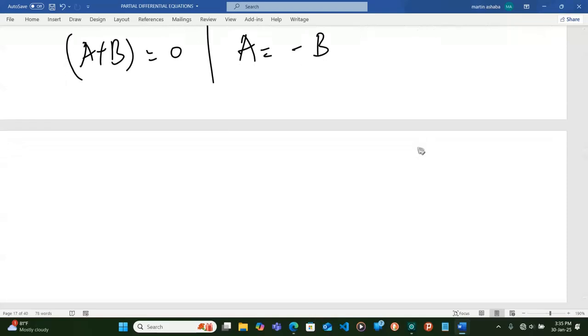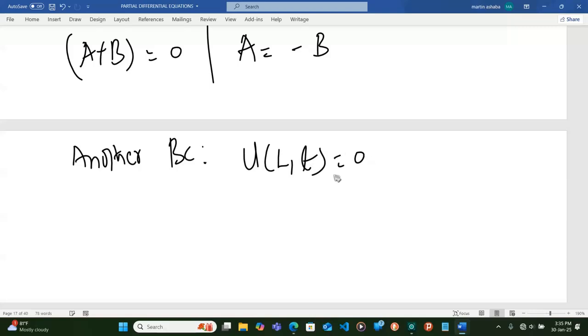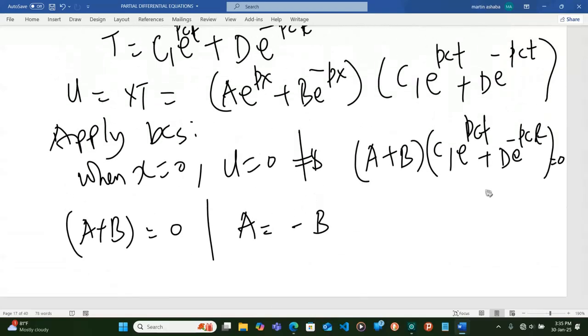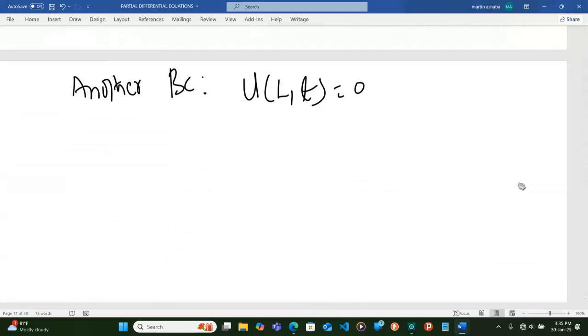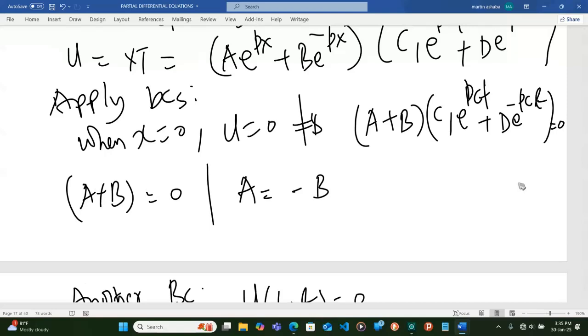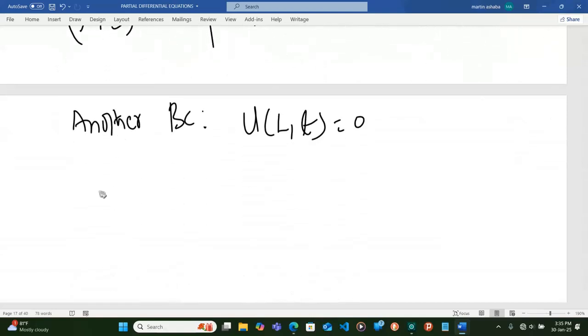So we apply another boundary condition. Another boundary condition is when you have x is equal to L, u(L, t) is also equal to 0. So we substitute in here. When we substitute in those values, what is going to happen? You will have A exponential of pL.